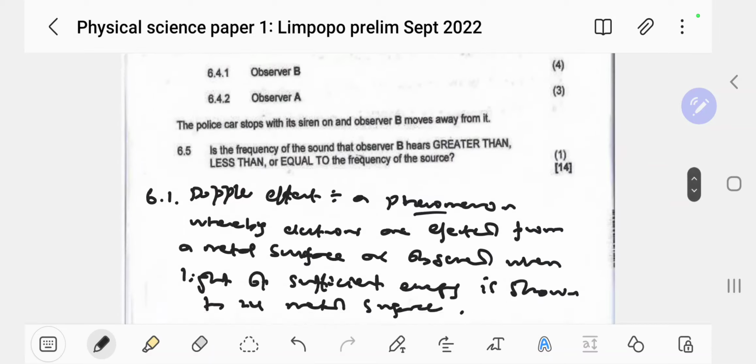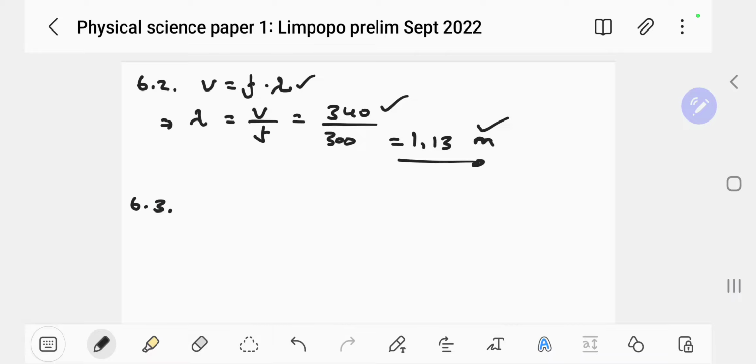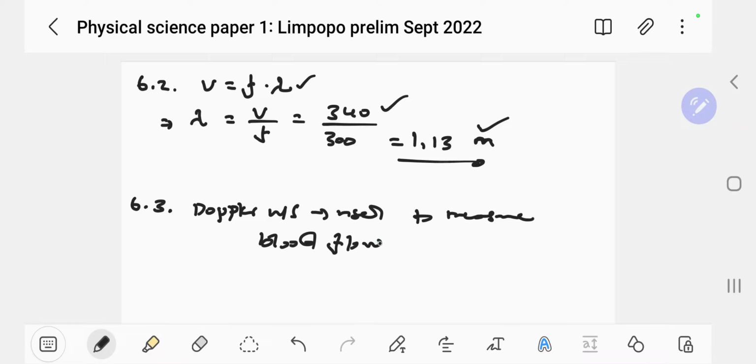Now it says, write down one application of the Doppler effect in the medical field. Are you all going to become doctors? Well, who cares? 6.3, you just have to know. So we can use this in the medical field, as a Doppler ultrasound. But don't write like that. Just write the full word. Doppler ultrasound used to measure blood flow. Okay? In blood vessels. But I mean, if you just stop there, it's good.